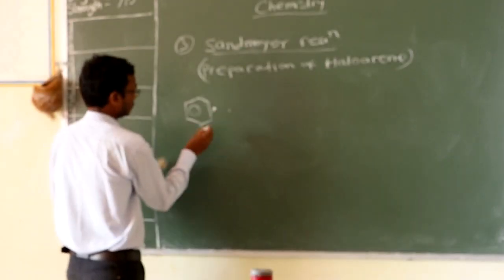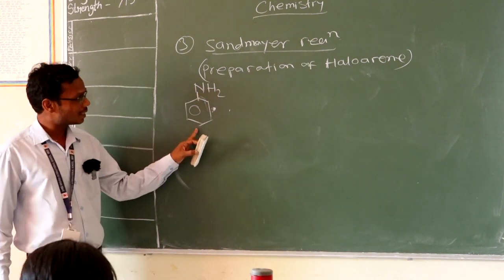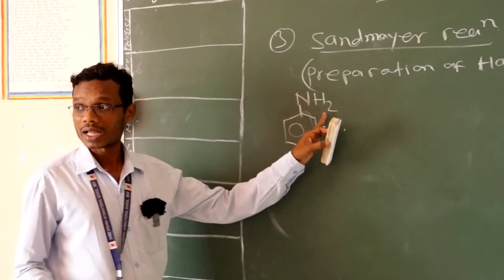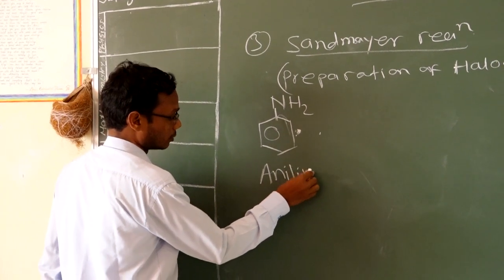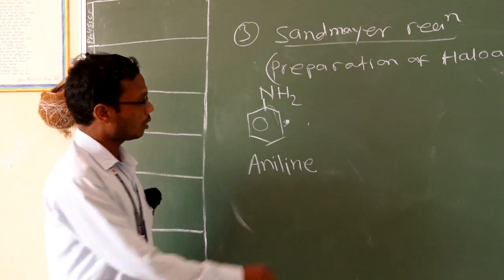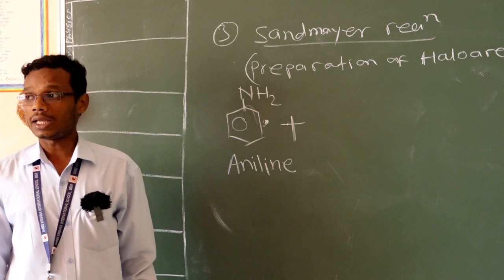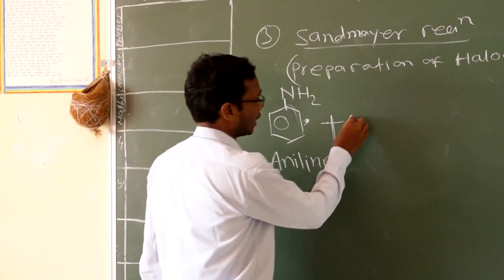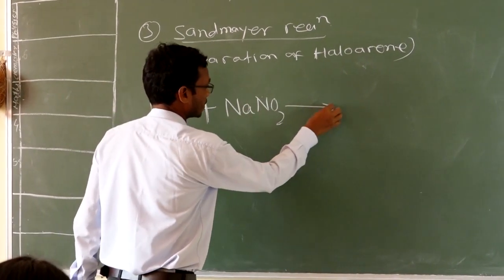In the Sandmeyer reaction, you take a compound, a benzene ring containing an NH2 group. This is called aniline or aminobenzene. The important step of the Sandmeyer reaction is that this aniline reacts with a mixture of NaNO2 and HCl.